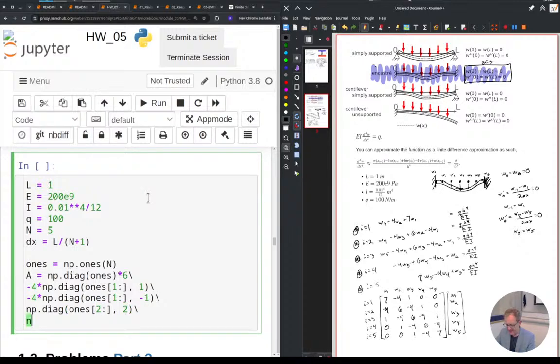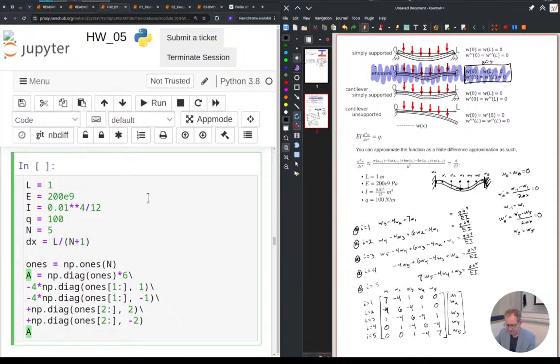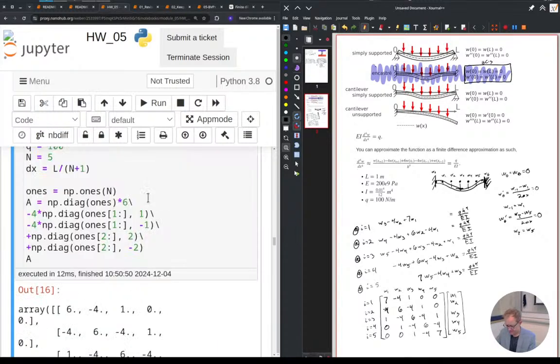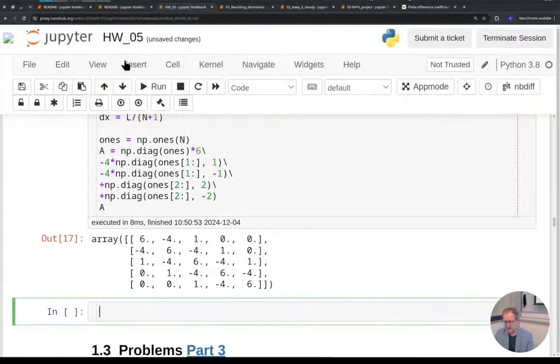And now I'm adding, we gotta add this stuff. And if I look at A just using those diagonal commands, then I get 6s along the diagonal, -4s, and then 1s along those other diagonal parts.